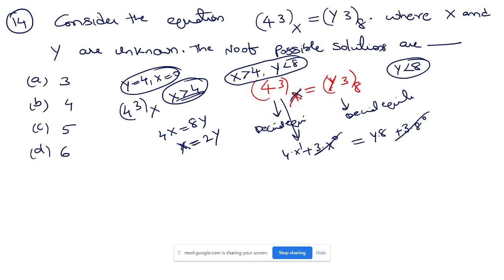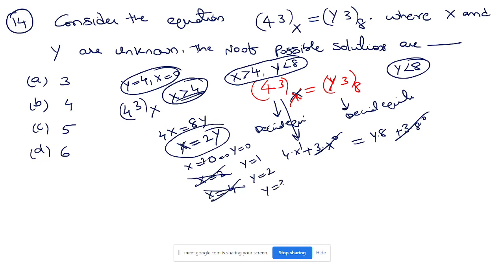If I take y equal to 0, then x will become 0 because 2 into 0 is 0, right? If I take y equal to 1, x equal to 2, correct? x is just 2 into y. This doesn't work because x should be greater than 4. Then you take y equal to 2, then x equal to 4. This also is not a feasible solution. Then y equal to 3, x equal to 6. Is it okay?